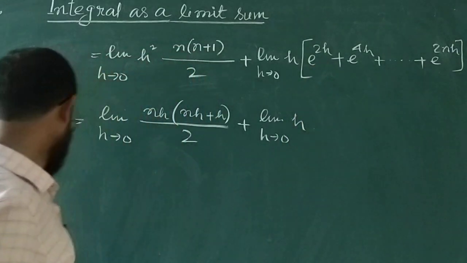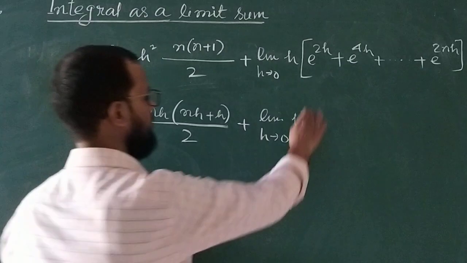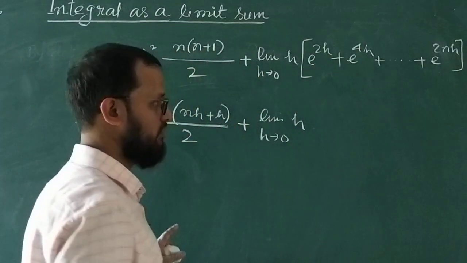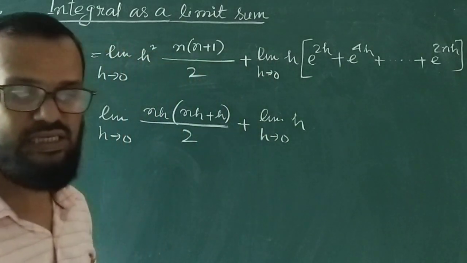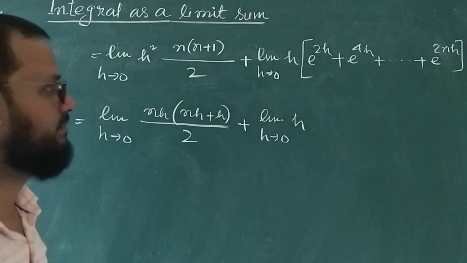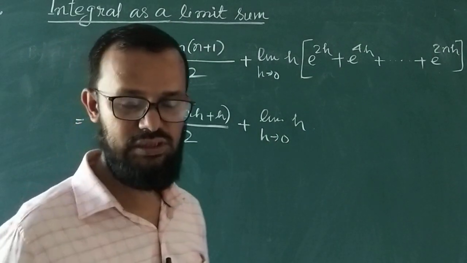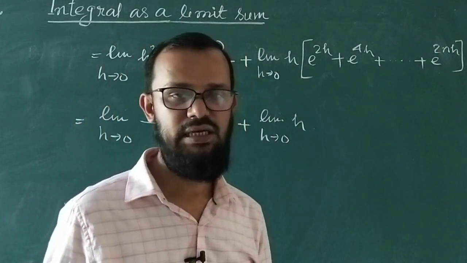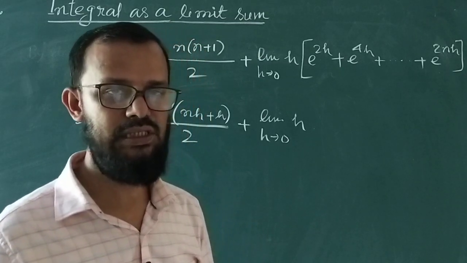Now very interesting thing is that this particular expression, e to the power 2h plus e to the power 4h, what type of series is it? Is it a geometric series? Let us check. How to check whether a series is a geometric series? It will be checked only when the ratio between two consecutive terms is always the same.